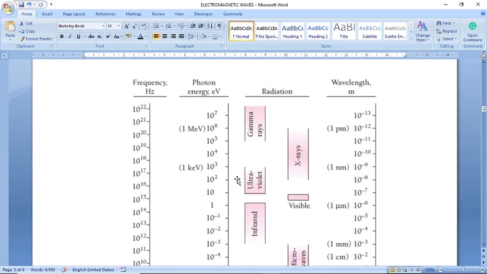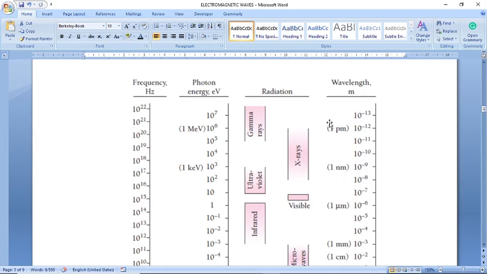Okay, from this spectrum, we can say that gamma rays have higher frequency or higher energy than ultraviolet rays, X-rays, infrared rays, visible rays, microwaves, radio waves, and so on.